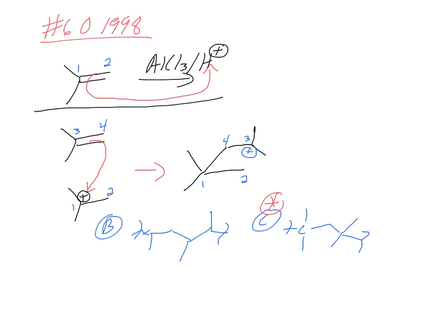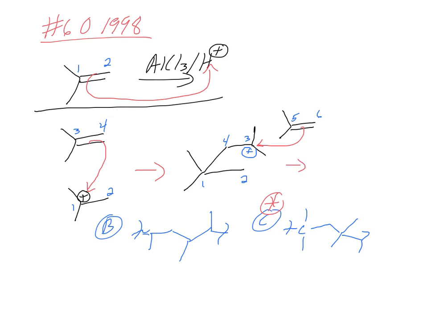If I did another one, maybe I should just do it. If I took another monomer, and now said it was 5 and 6, which new bond are we going to form between which two? 6 and 3. And there'd be a plus charge on 5.